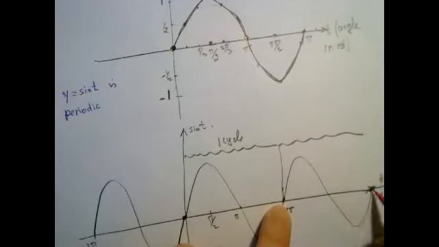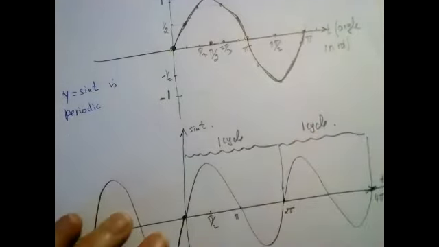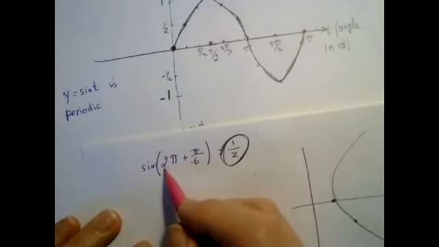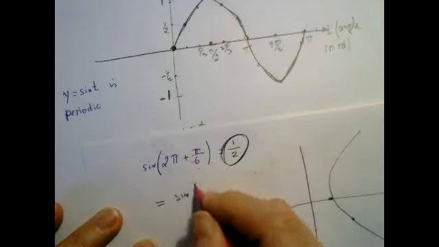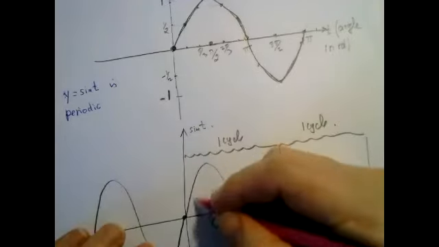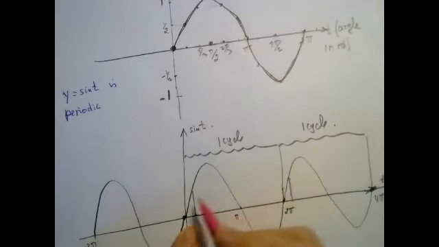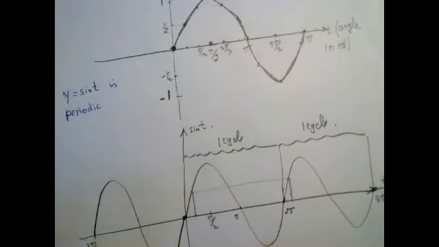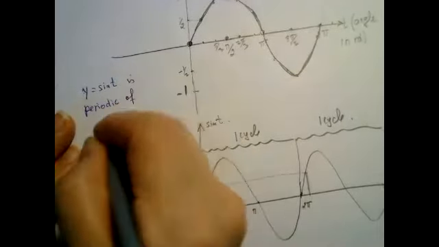That's another cycle up to here. Exactly because of this reason: the sine of 2 pi plus pi over 6 is the same as the sine of pi over 6. If I take an angle here and add 2 pi to it, I definitely have the same value, the same sine. So it's periodic of period 2 pi.